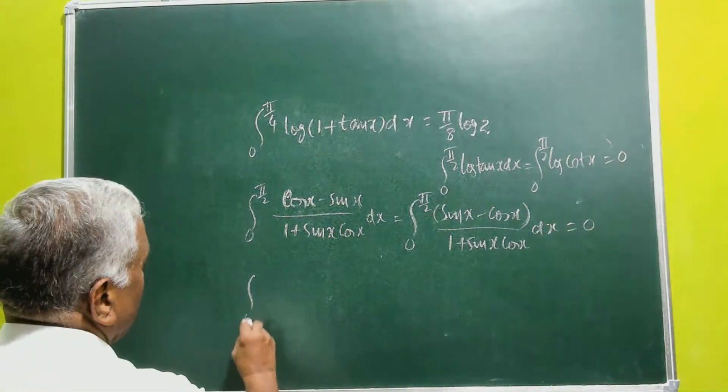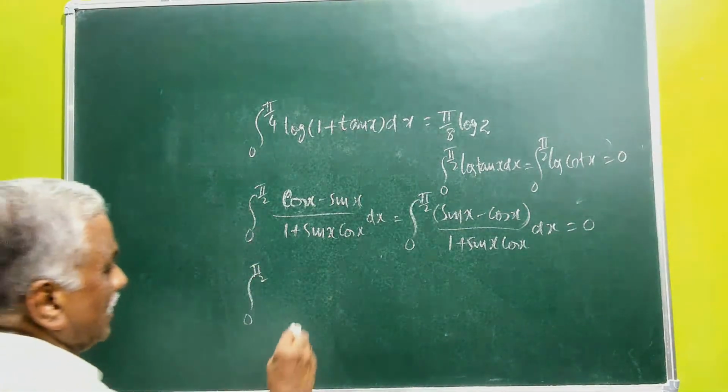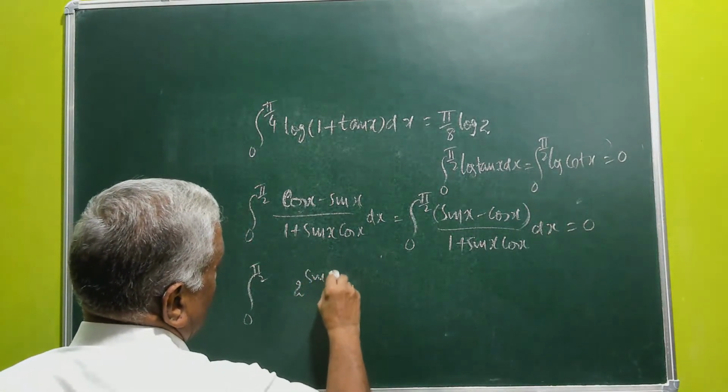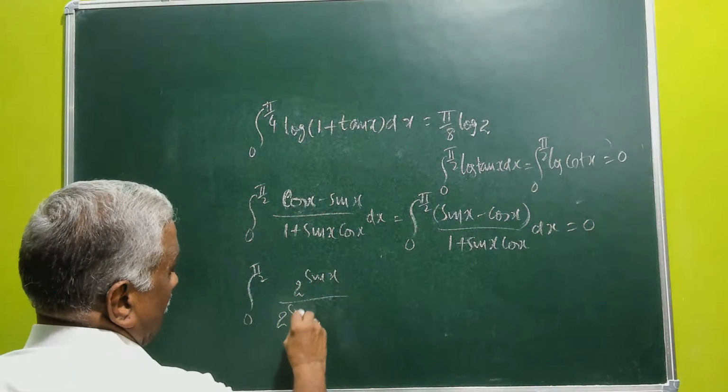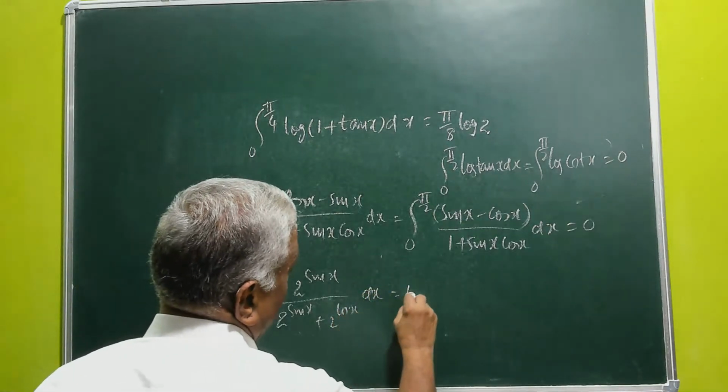0 to pi by 2, 2 to the power of sin x over 2 to the power of sin x plus 2 to the power of cos x dx is pi by 2.